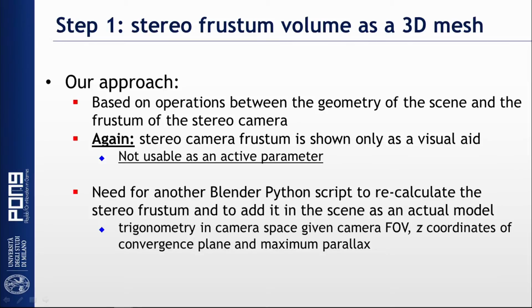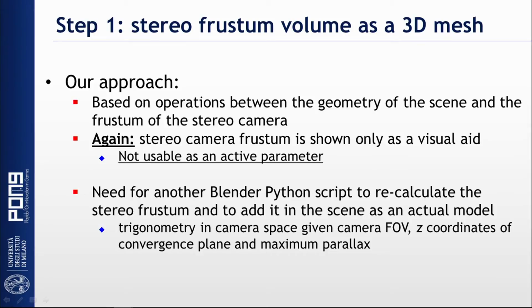Again, our approach is based on a Boolean operation between the geometry of the scene and the frustum of the stereo camera. Again, same problem as before. The frustum of the stereoscopic camera is shown as a visual aid, but there is no way to access it as an actual 3D model to use in the scene.